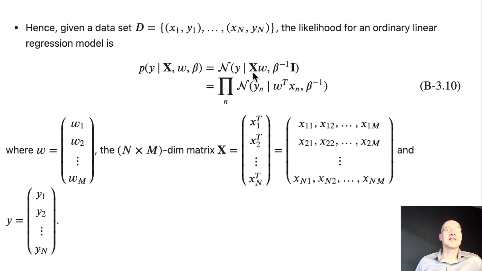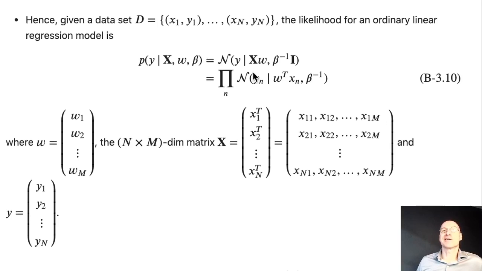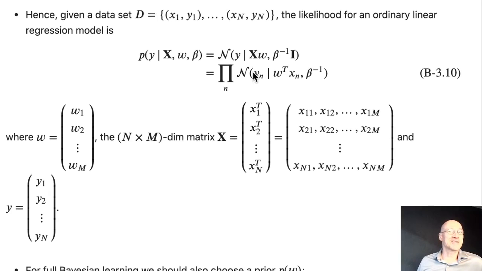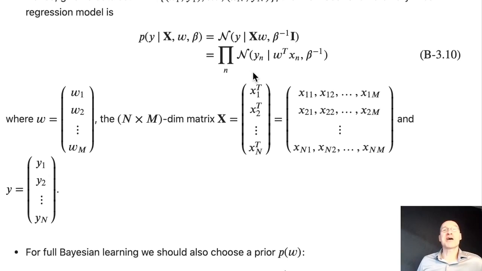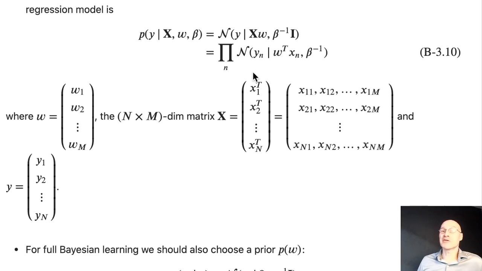Now, if we want to do Bayesian inference for W, we're going to have to choose a prior for W. You won't be surprised that it comes out best if we choose a Gaussian prior for W. And we've also discussed in the Gaussian class why that's actually a pretty good choice.